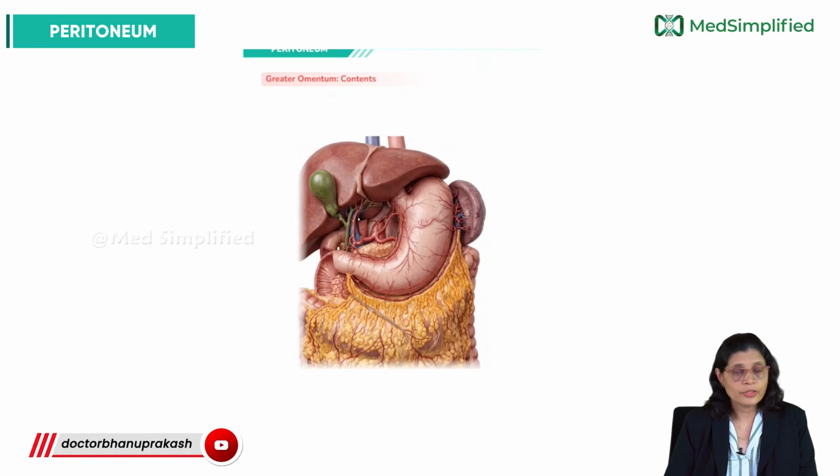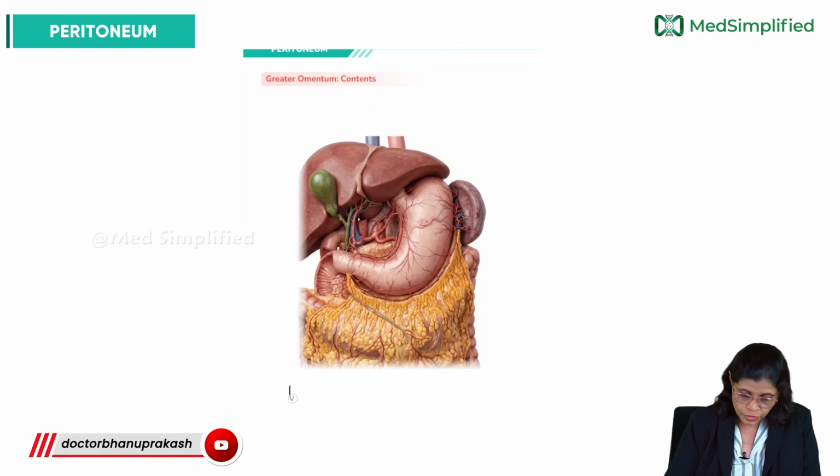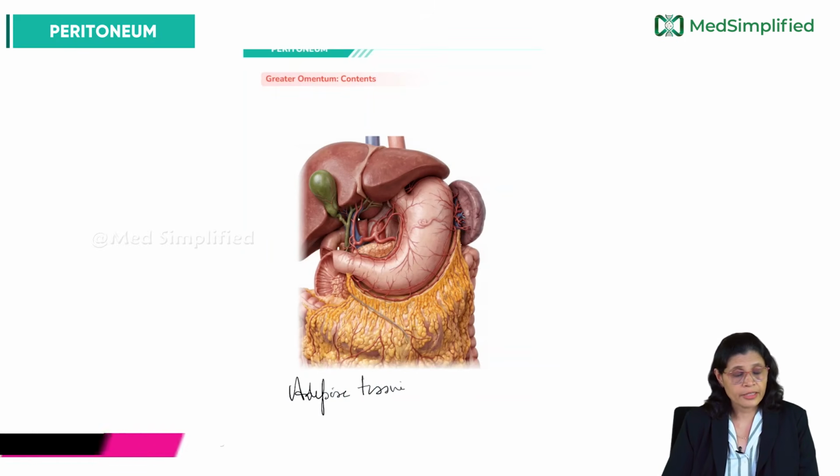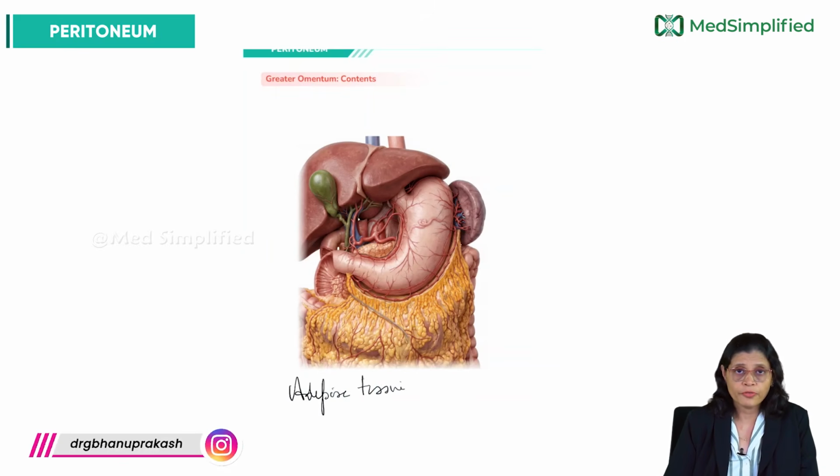So what are the contents of this greater omentum? What does it contain? What is very glaring here, yes, is the adipose tissue. It contains adipose tissue or fat. An interesting fact is that this amount of fat actually tells about the nutritional status of an individual.